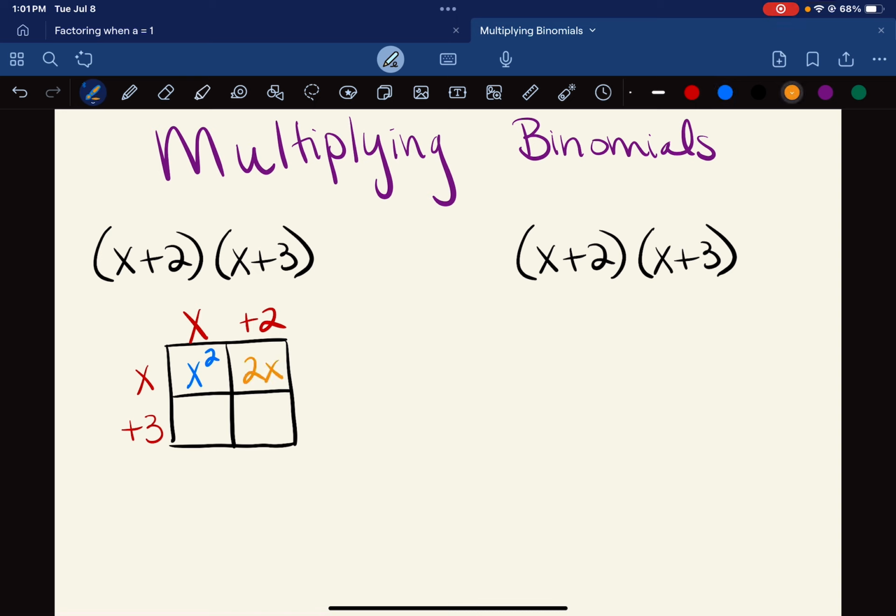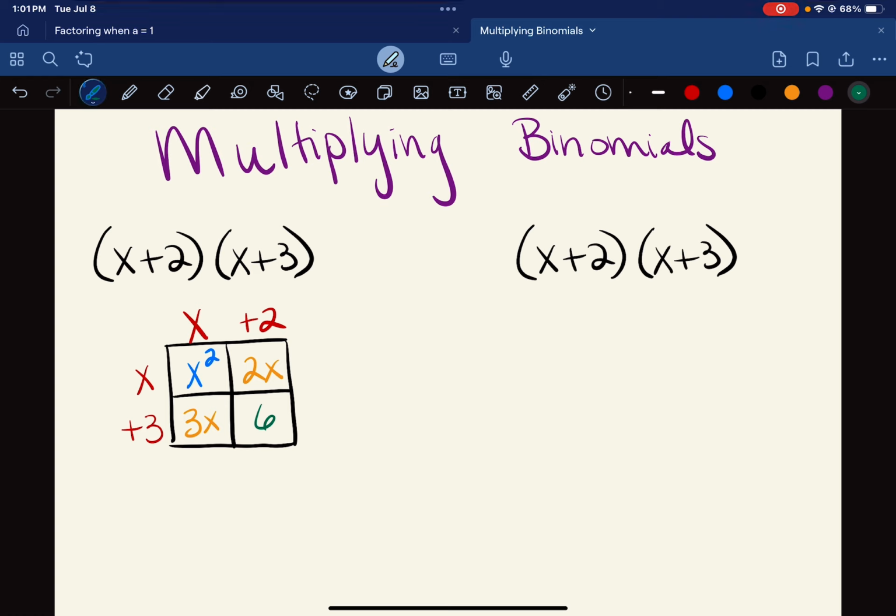Then we move to our next box. Right here, I'm going to multiply x times 3, because we're always going up and left. X times 3 is just 3x. And then in our last box, we are going to be multiplying 2 times 3. And 2 times 3, of course, is just 6.